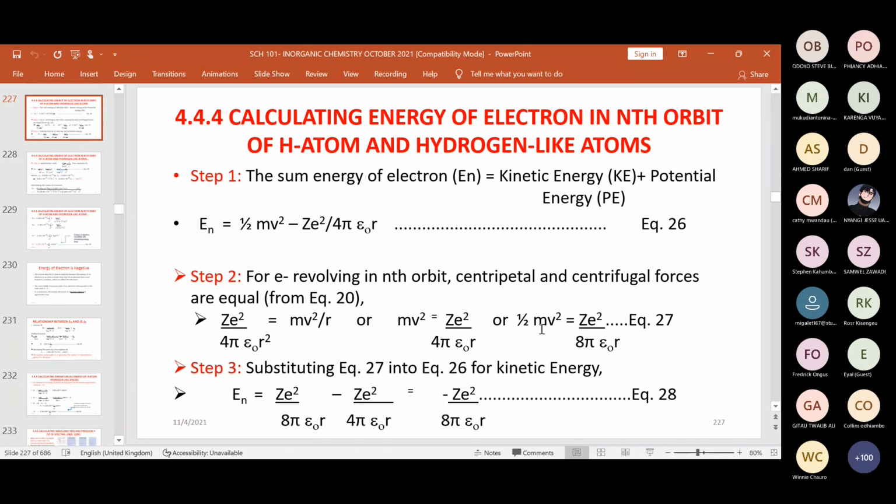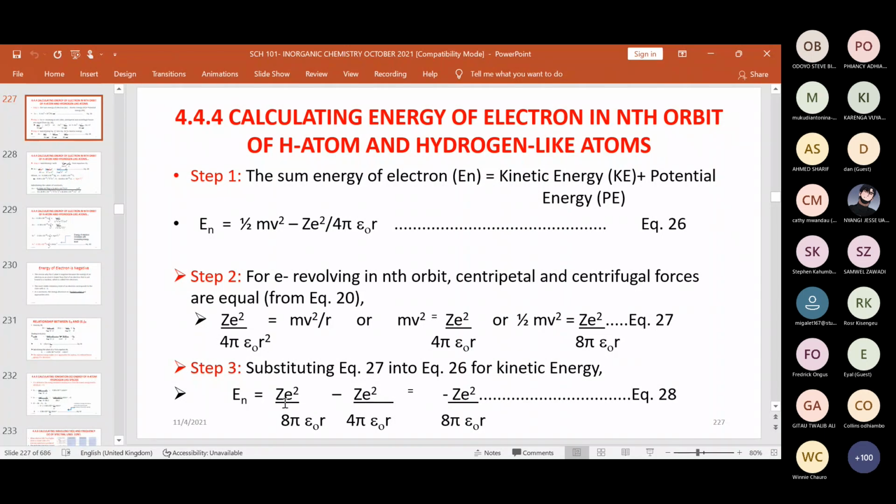Since equation 27 is similar to the expression of kinetic energy, we go back to equation 26 and substitute the value of a half mv squared by the equivalent, Z e squared over 8 pi permittivity R. So we now get equation 28, but remember now the first component is a half of the second component.